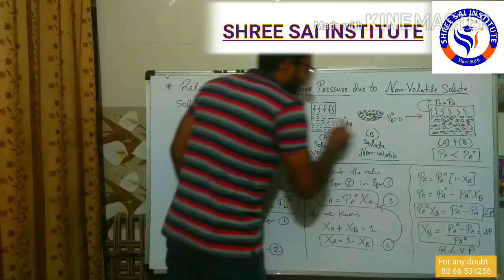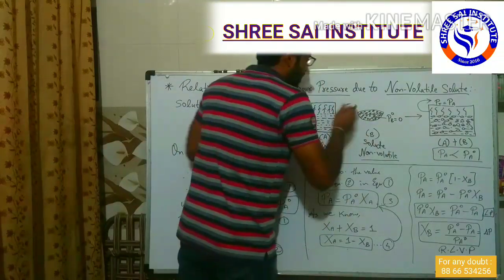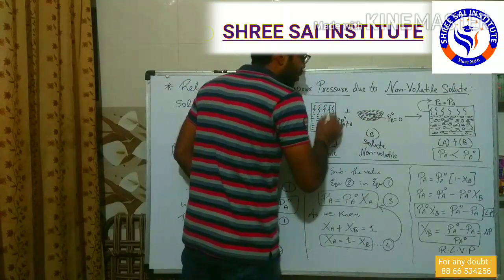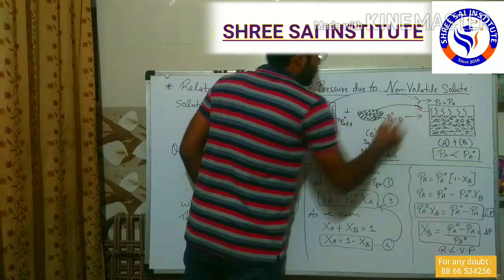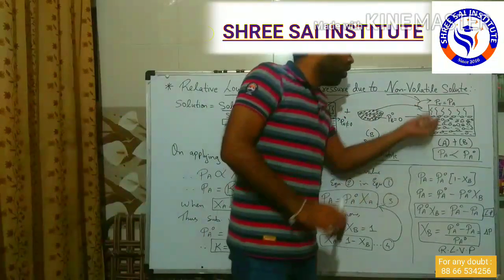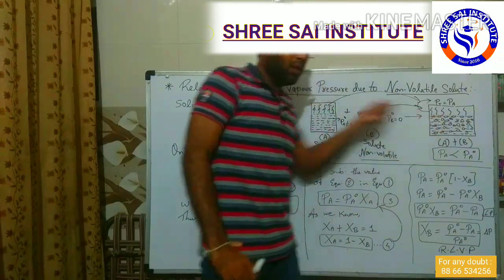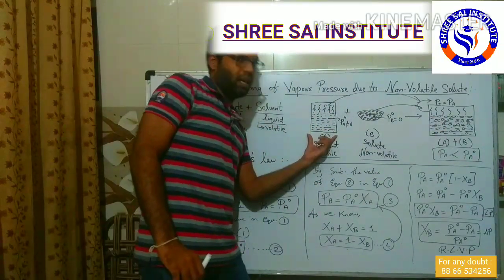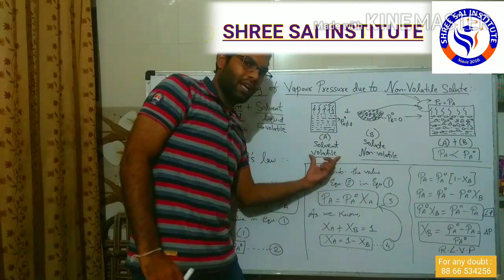When we add both to make a solution, the vapor pressure is only due to which component? A, because it is volatile in nature.